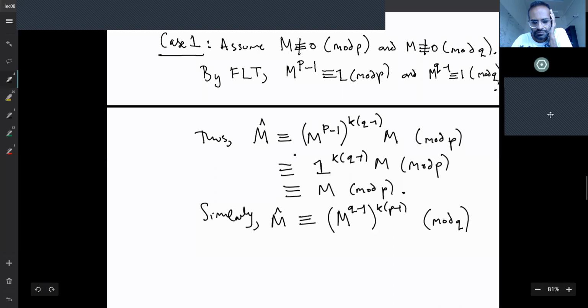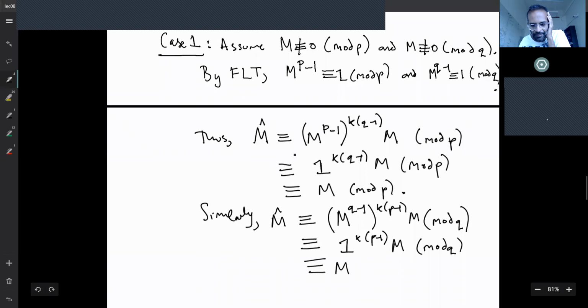We can replace m to the q minus 1 with 1, by Fermat's little theorem applied mod q. So this is 1 to the k times p minus 1, times m mod q, which is congruent to m mod q.